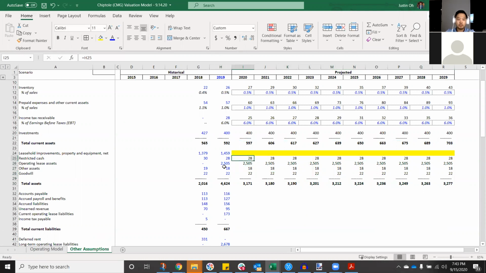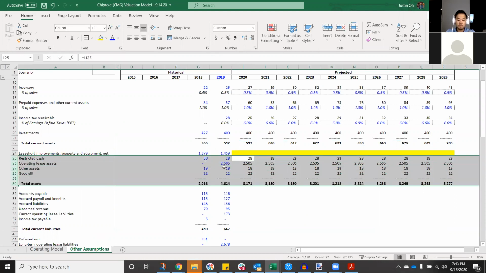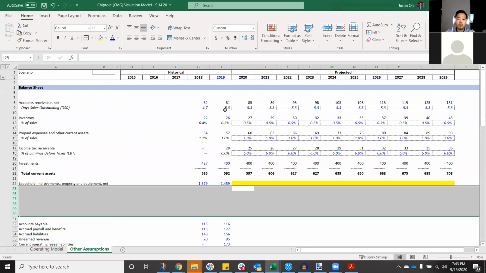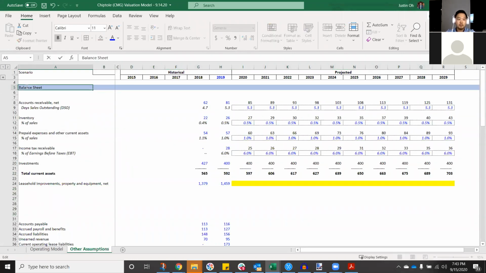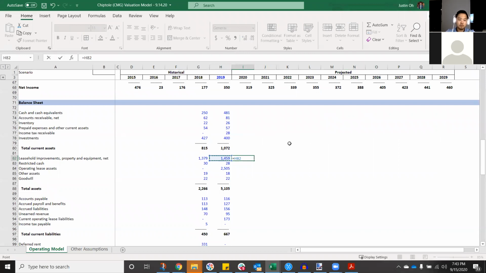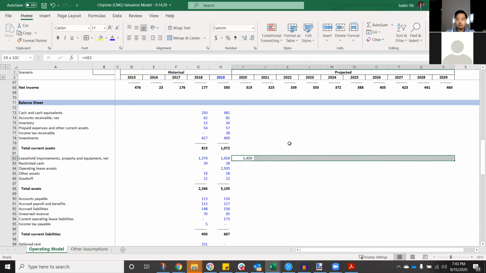Okay, so we're not going to actually do that here. So I'm going to delete that because we're going to do it out here. If you remember, this is supposed to be our assumptions sheet, not our actual model. So what we're going to do here is equals just, oops.